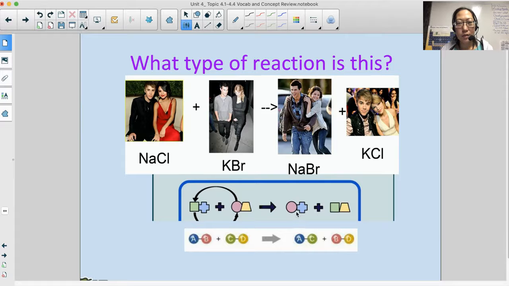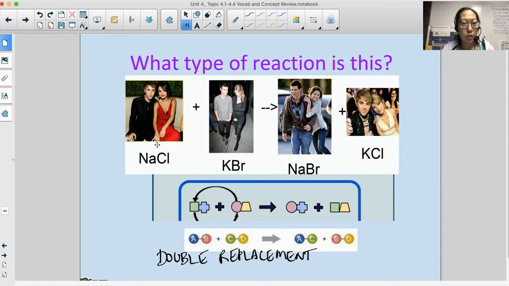Oh, wow, I'm dating myself here. This is definitely old news, but here we have double replacement. People are switching partners. Na was with Cl and K was with Br.